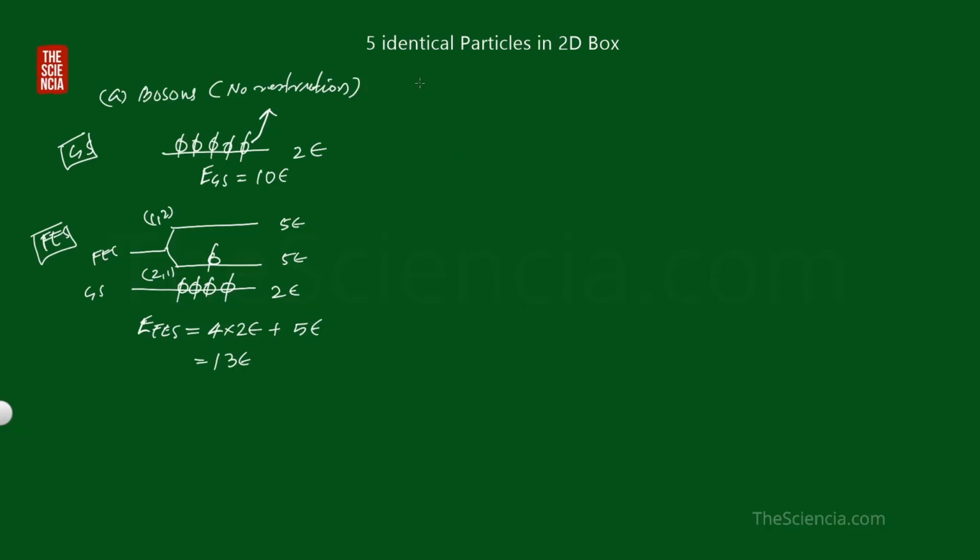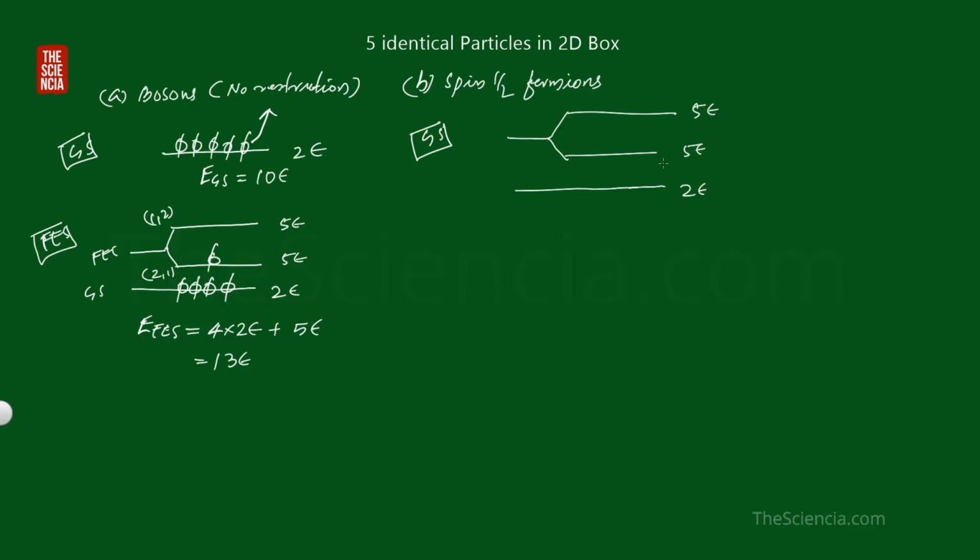Now let us discuss spin half fermions. First we are going to find out the ground state energy, and the energy diagram is like this one for the 2D box. Okay, this is 2e, and this is 5e, this one is also 5e.